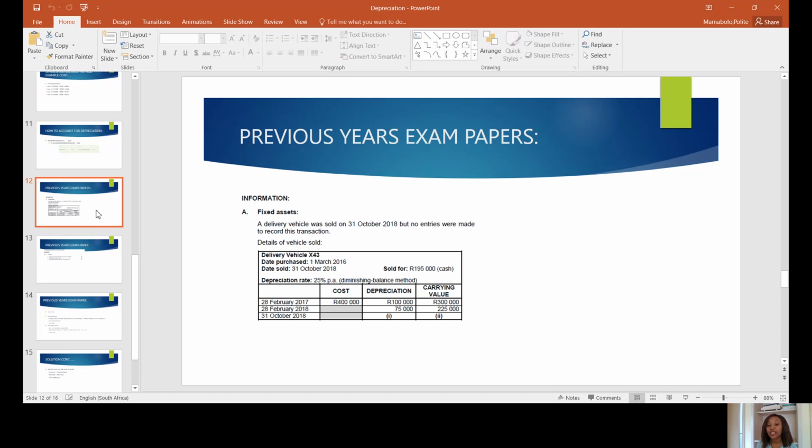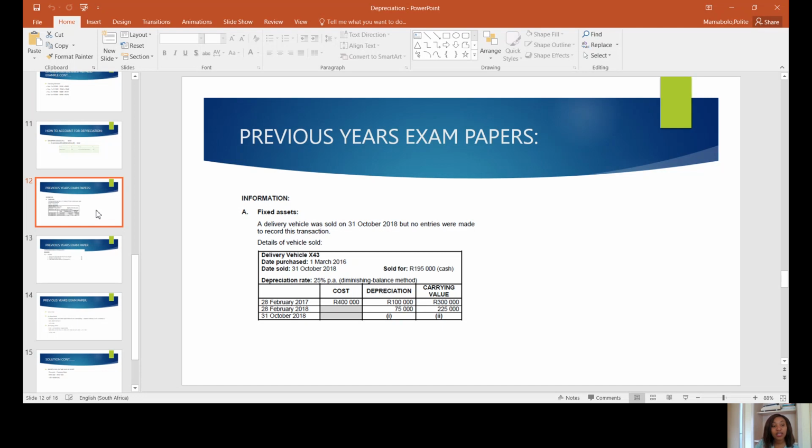So at the end of 2017, the carrying amount was 300,000. At the end of the financial year of 2018, it was 225,000. So we'd like to know from 28 February 2018 up until 31 October 2018, what is the depreciation and what will be the carrying amount of the asset on that date.